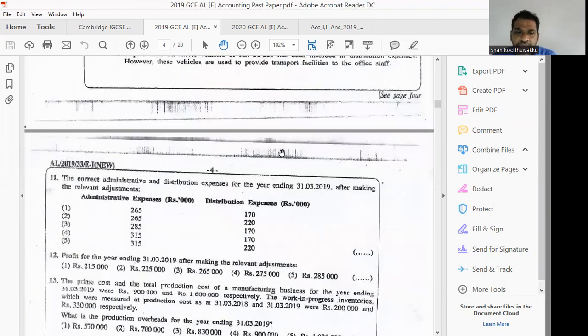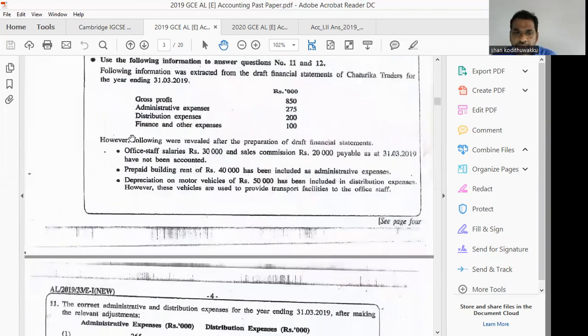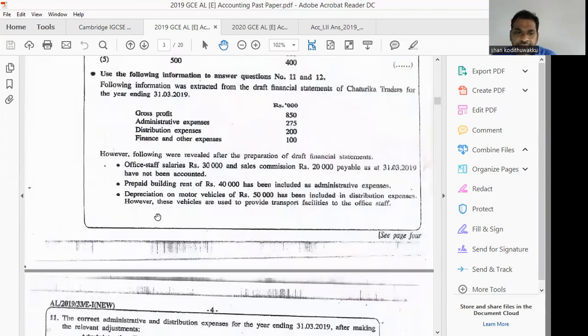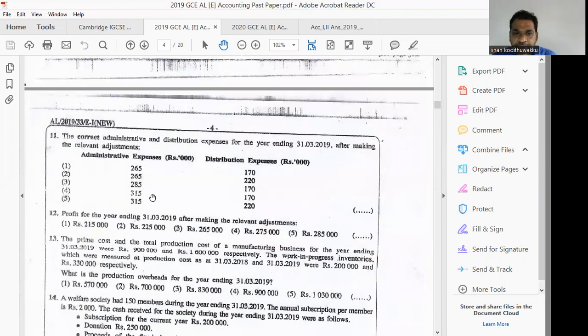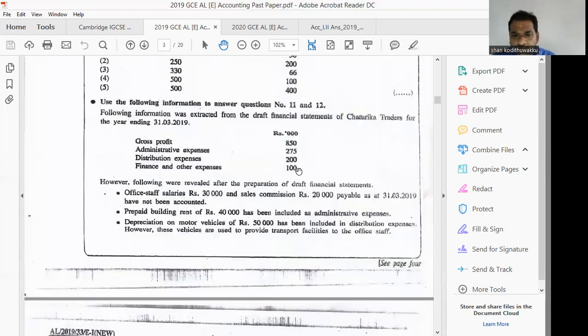Then we have the correct administration 315 plus distribution expenses 170. Addition of those two expenses: 350, 450, 485. 485, and finance expenses you are given 100, then 585.